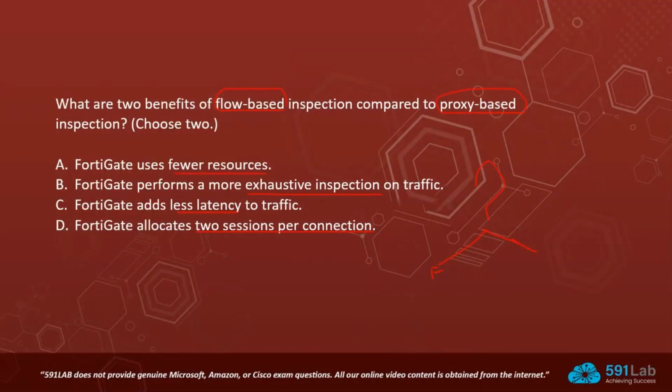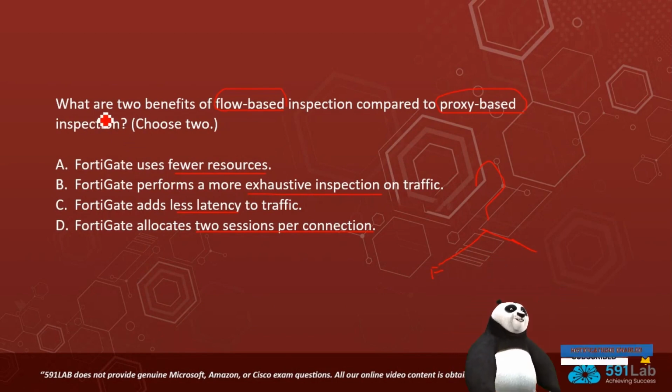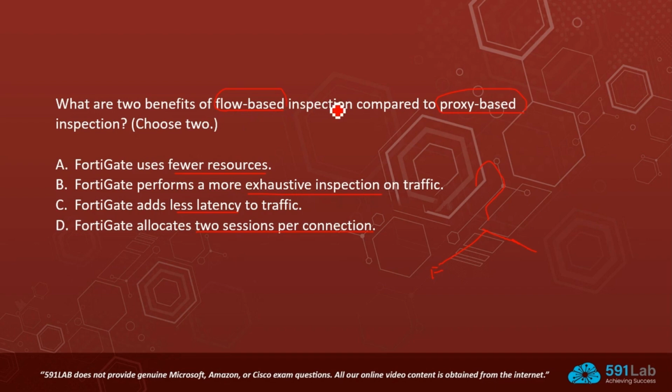Let's go back to the question and find out the correct answer. The question is asking for two benefits of flow-based inspection compared to proxy-based inspection. So you have to answer flow-based inspection benefits. Answer A, FortiGate uses fewer resources. Yes, you know that compared to the proxy-based, flow-based is the default mode. It uses fewer resources. The answer is correct. Answer B, FortiGate performs a more exhaustive inspection on traffic.